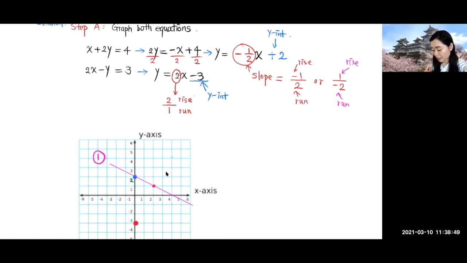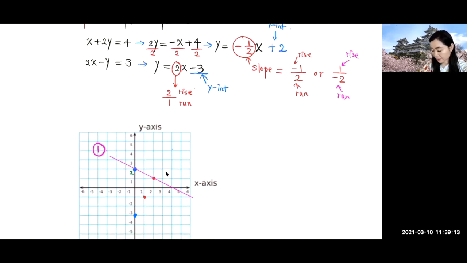From the y-intercept point, I go up 2 and run to the right 1 to get this point. You can continue this way, up 2 and right 1, to get more points. Now you graph it.